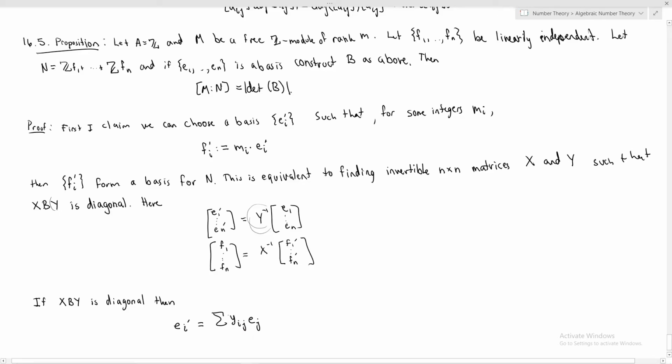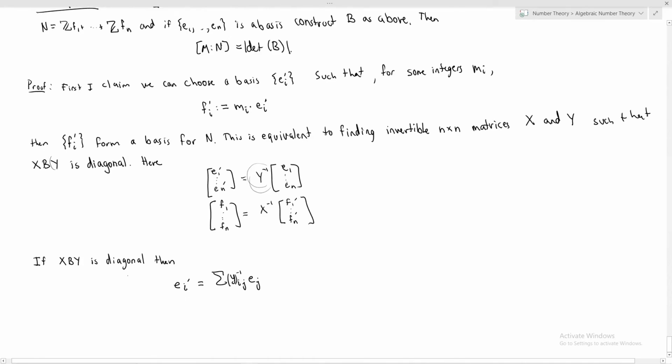Maybe I'll write y inverse sub ij. Okay. And similarly, f sub i prime will be, so instead of the inverse, it'll just be the regular x sub ij f sub j. Okay.